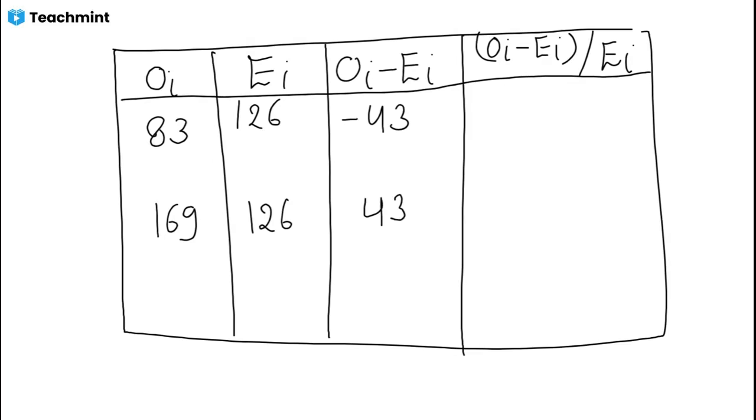So now let us take 43 minus Ei 126, and 43 over 126.